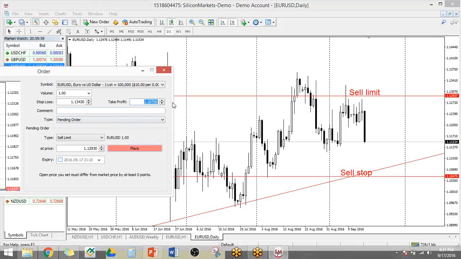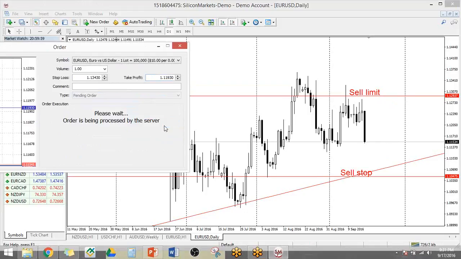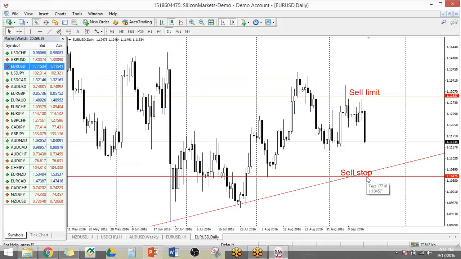So that would be around 1.1193. So if you place this order, you have your sell here. Our stop loss is 50 pips higher, and our take profit is 100 pips lower. We place sell here, and it's gonna give you a pending order. Same thing with sell stop.